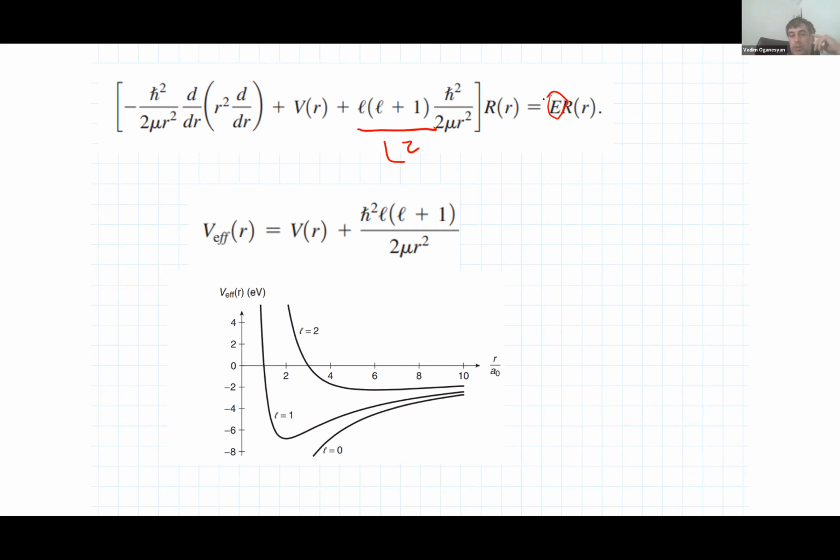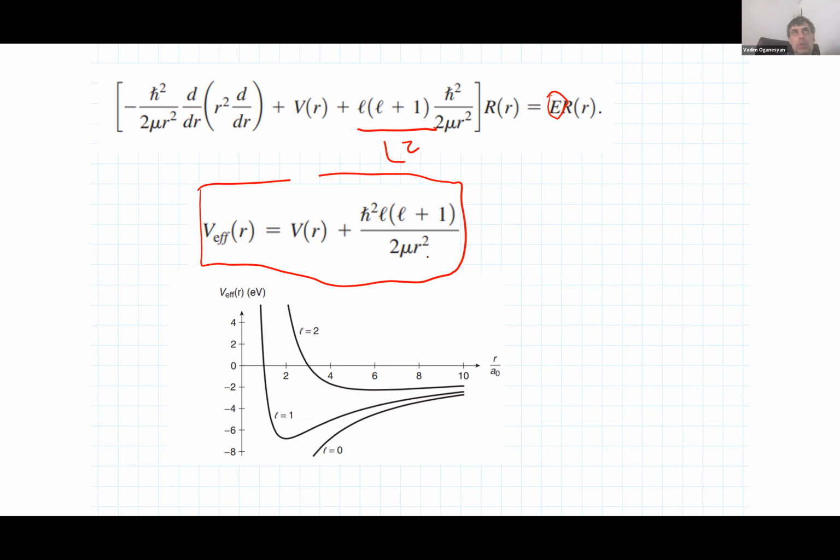And ultimately what you're trying to get out of this are the energies. Now, what you see is that this is a one-dimensional problem versus R. You can think of it as a one-dimensional problem moving in this potential, where the amount of angular motion comes in as a 1 over R squared potential.